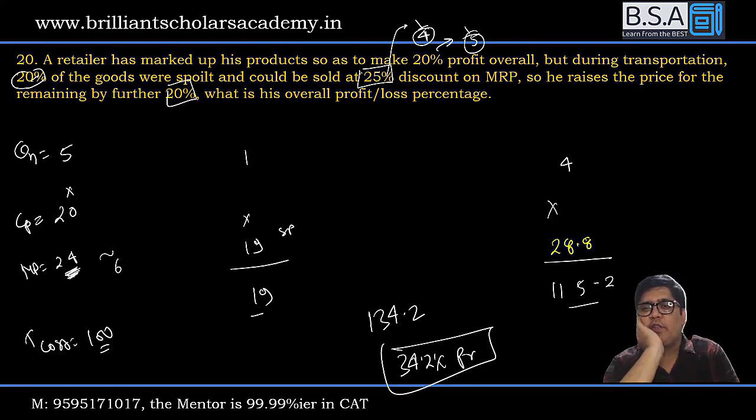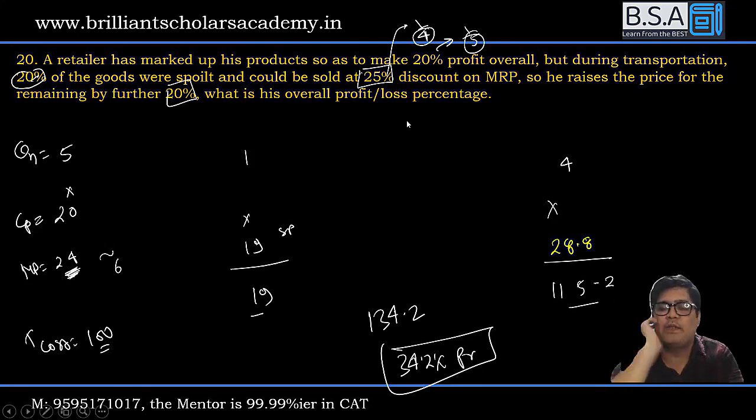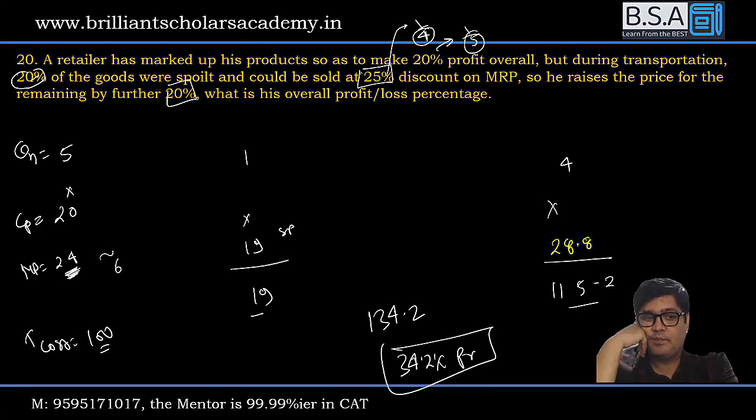What is the overall profit or loss percent? Your answer will be 34.2%. In the previous collection we made some mistake.